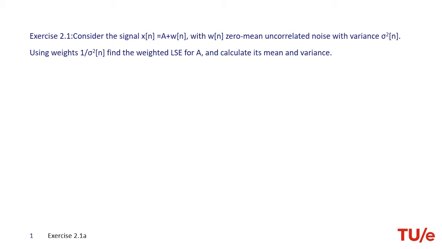Of course, for the least squares estimator, we actually don't need to consider the noise properties to come up with the least squares estimator. However, once we have information about how this noise is distributed, we can actually analyze how our least squares estimator behaves. So we can calculate the expected value and variance.